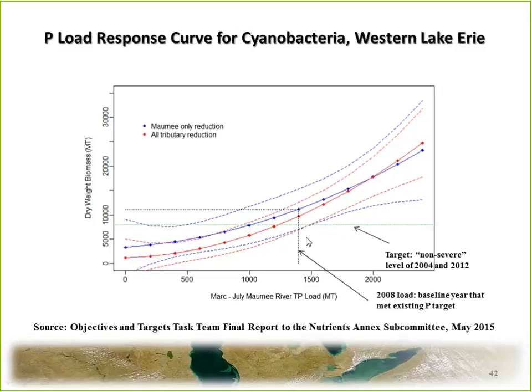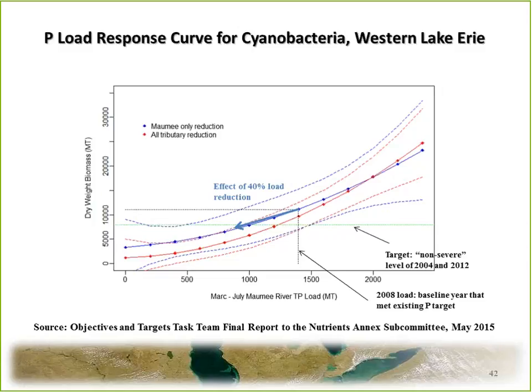And we've got a baseline year here, 2008, that actually met the existing phosphorus loads, and yet cyanobacteria were above the nuisance level. So what would it take to bring them down? And so this shows the effect of a 40% reduction in total phosphorus loads from the Maumee River.